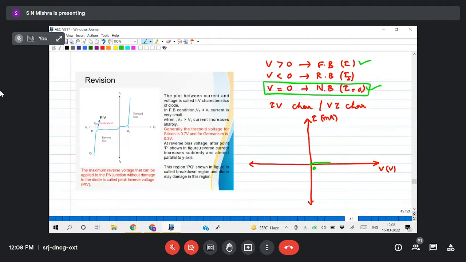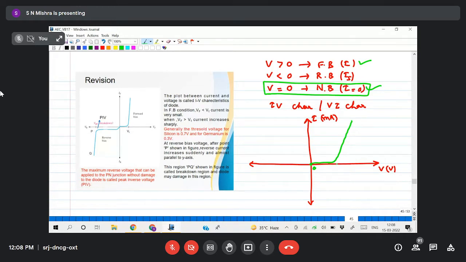When you increase the voltage, slowly the depletion region will reduce, and at a certain voltage the depletion region will vanish. So up to the depletion region existing, the current is very small. Once it overcomes this depletion region, the current will increase exponentially.